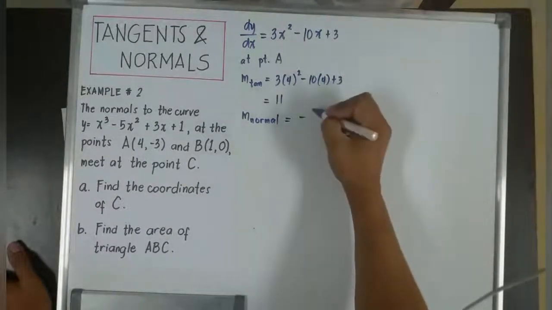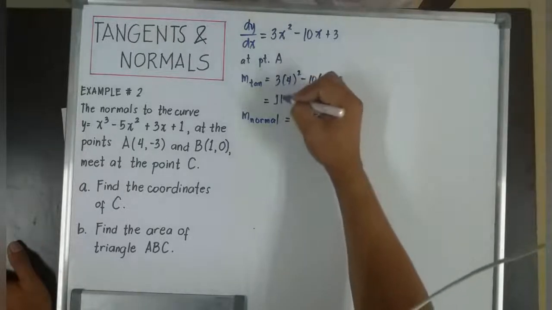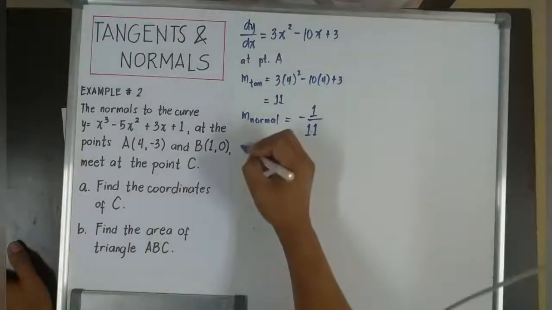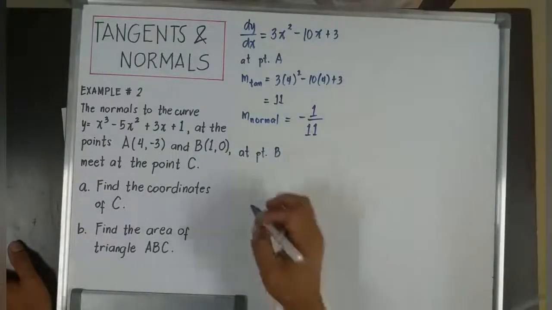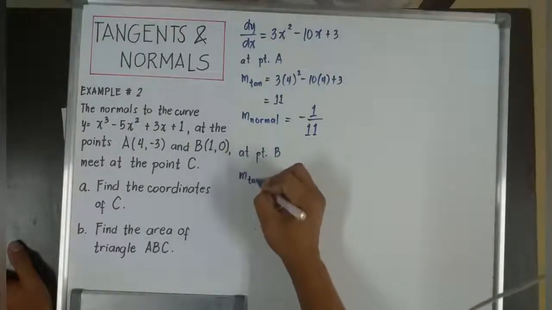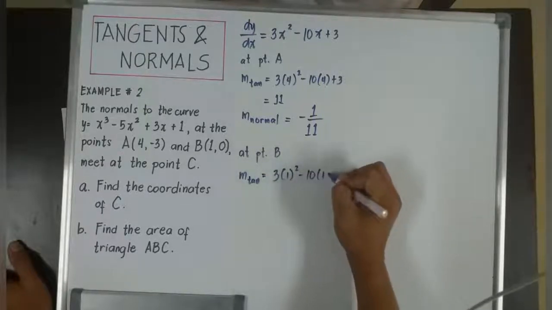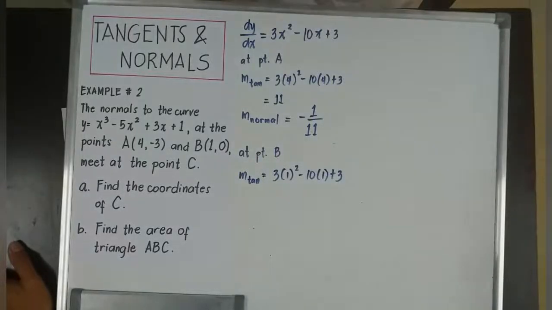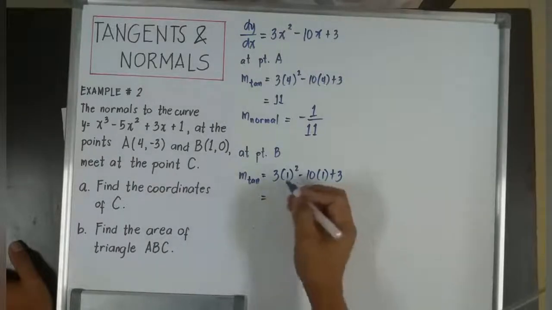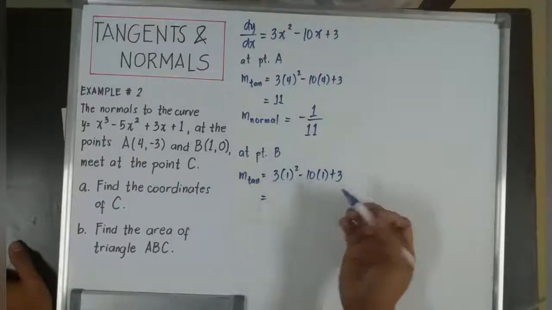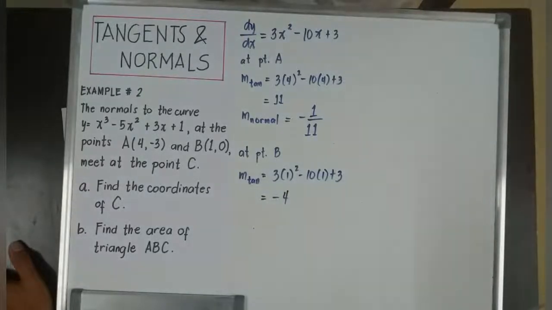Next, at point B, the gradient of the tangent is equivalent to 3 times 1 squared minus 10 times 1 plus 3. So it will become 3 minus 10 plus 3. 3 minus 10 is negative 7, plus 3 is negative 4.